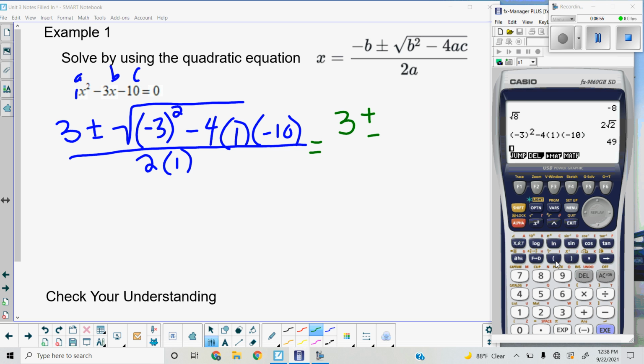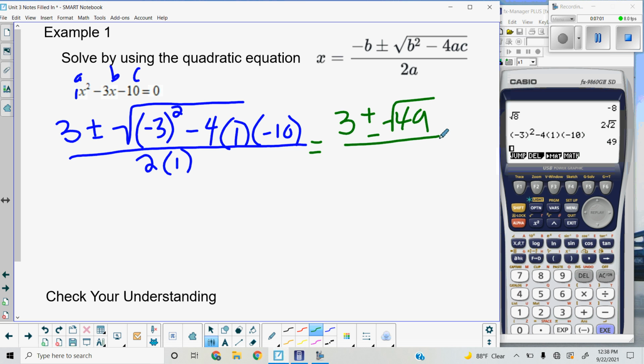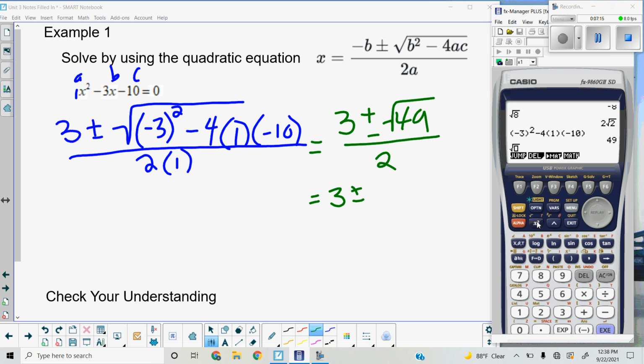And we get 49. So the square root of 49 over 2 times 1 is 2. Now, 3 plus or minus the square root of 49 is 7, if you didn't know that, over 2.